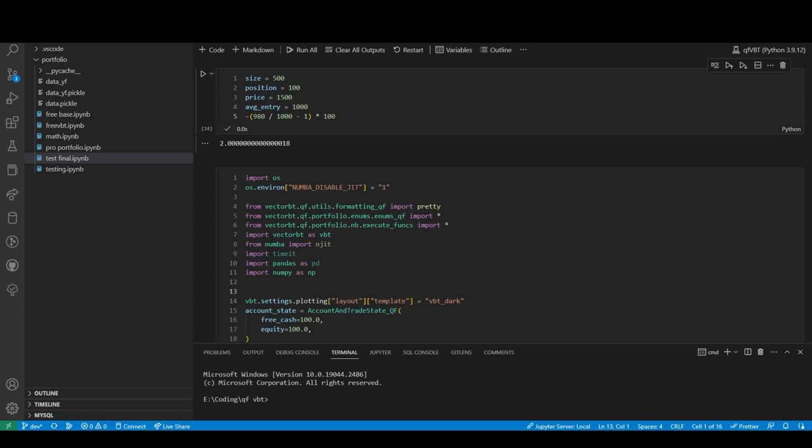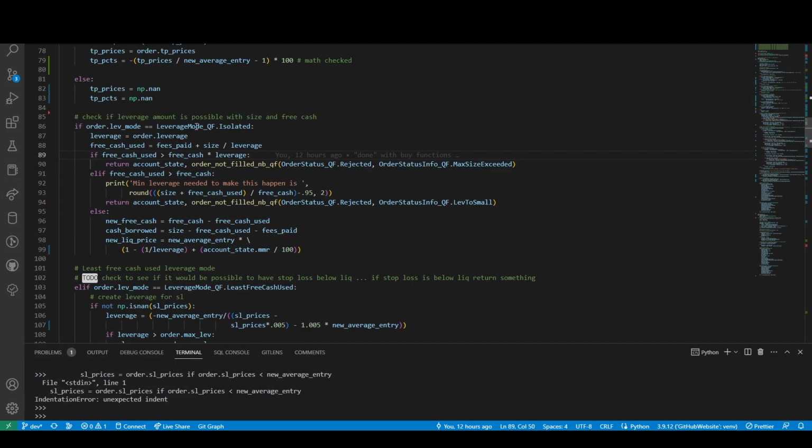So that works. So our fees paid. So the fees paid has to go up here. Alright. Oh man, the wrong window. Alright, so here, if... All right.